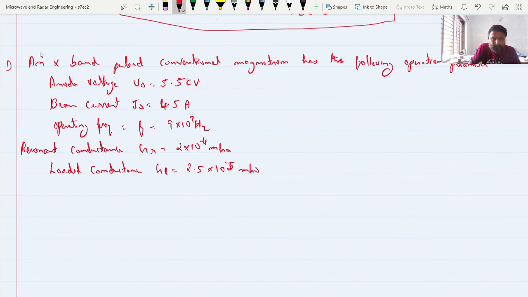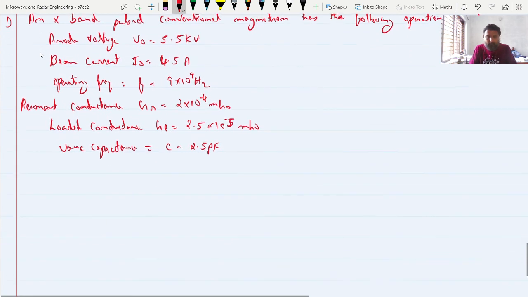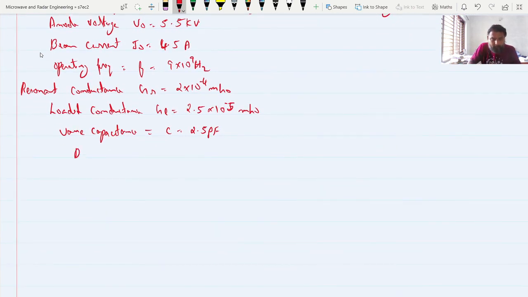Vane capacitance C is nothing but 2.5 picofarad. Duty cycle is 0.002.